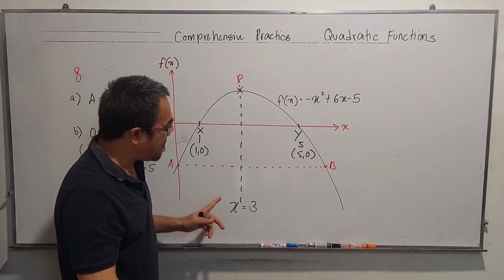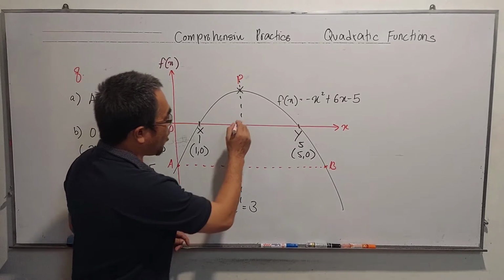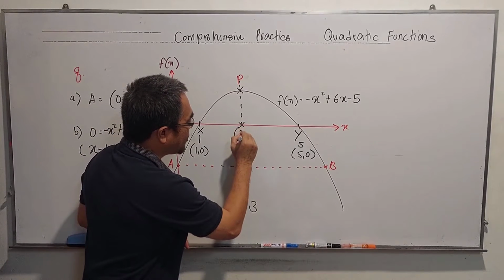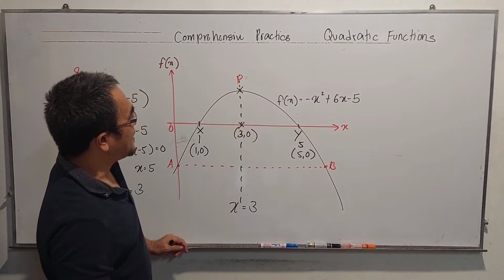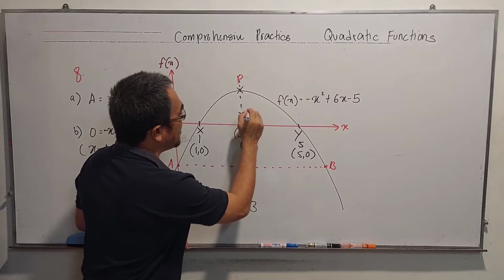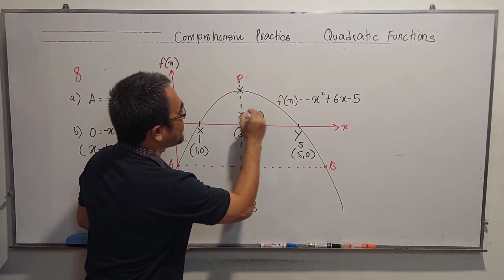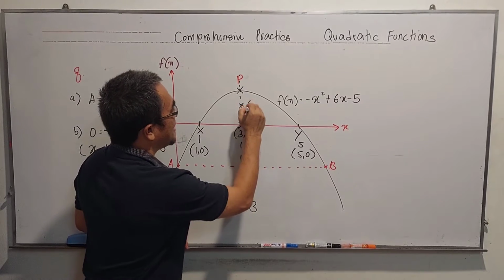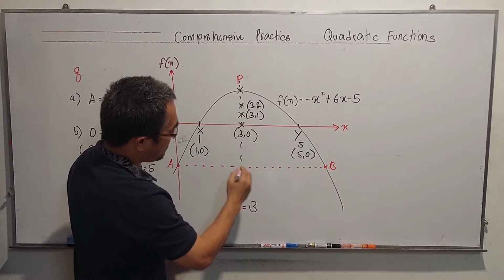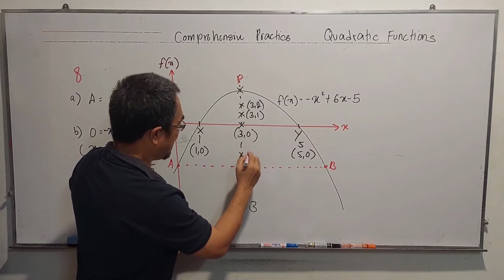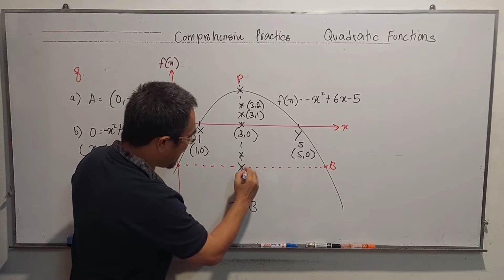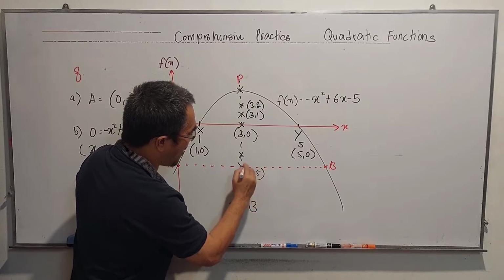Okay, and let me repeat. The coordinate here will be 3, 0, and then maybe here will be 3, 1, maybe somewhere here is 3, 2, maybe somewhere here is, oh, I know, here will be 3, negative 5.